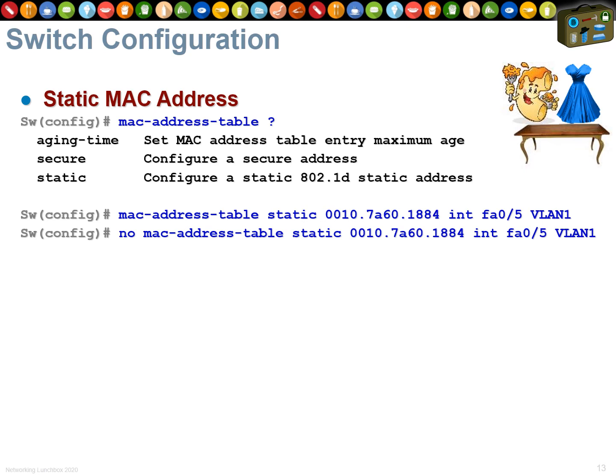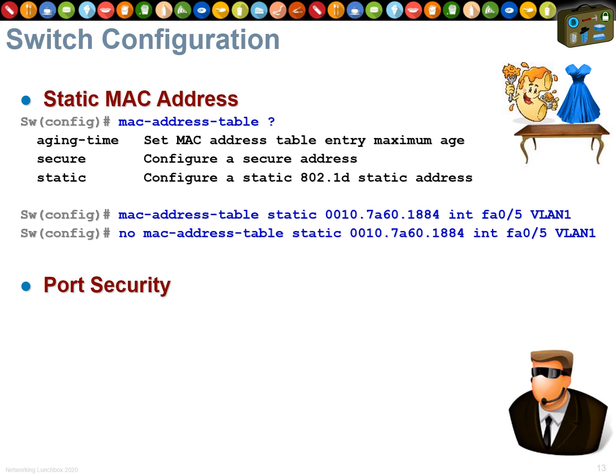And therefore the switch doesn't have to learn anything, it knows that. So if anyone tries to move that PC or server to a different port, it's just not going to work. Because the switch says, no, this MAC address must be on this interface. So if you don't want that, like all commands, if you want to get rid of it, just put a no at the front. Port security, very big factor in this module.